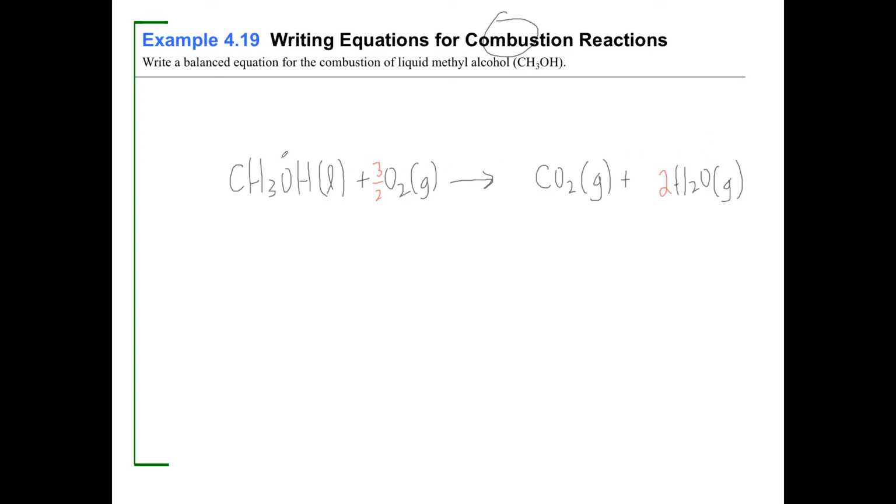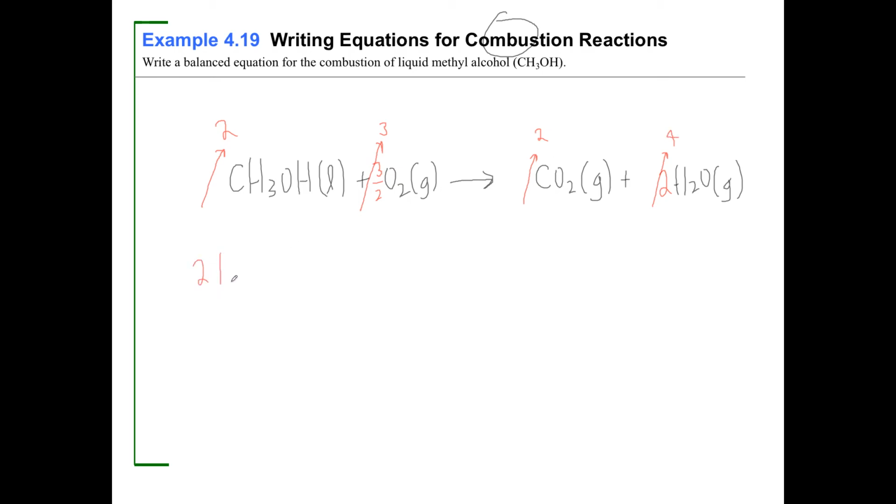3, 4. Okay. So the last thing I do now is I multiply everything by the denominator of any fractions. So if that's the case, this goes to 2. This goes to 3. This goes to 2. And this goes to 4.